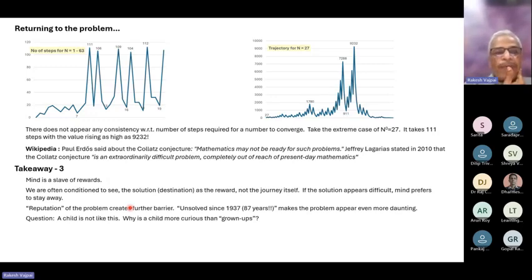And that's how our mind also looks at a problem, and it decides whether it's a battle worth fighting or not. Because a mind eventually is a slave of what reward it is going to get. And if the chance of a reward is minimal, then it has very little incentive to work in that direction.